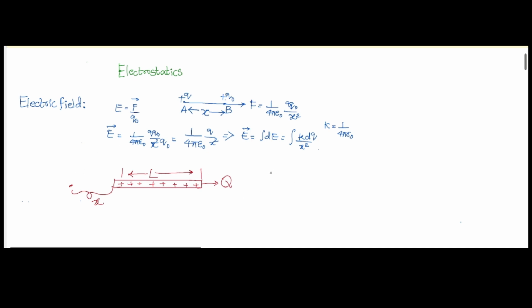To find the electric field at this point A, we will do E is equal to integration dE, K into dQ by x square.